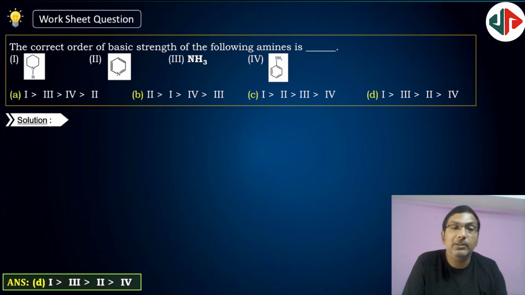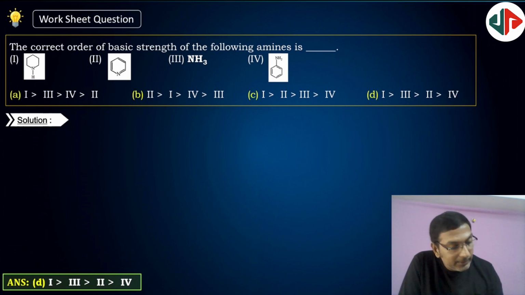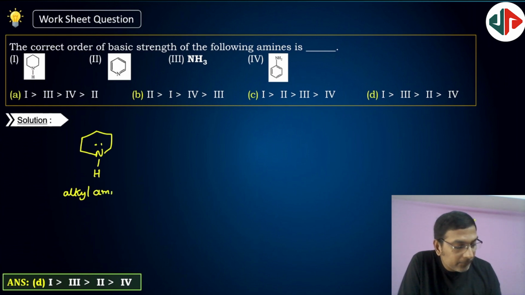The correct order of basic strength of following amines is. In first option, this is alkyl amine, which is more basic than NH3.